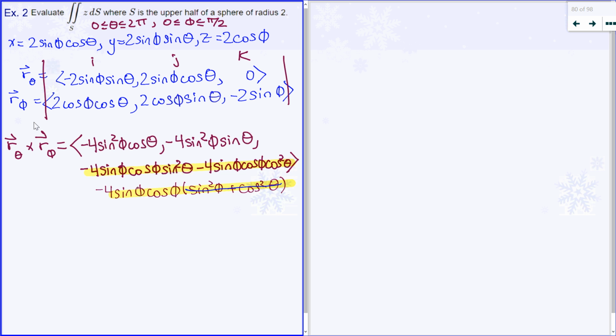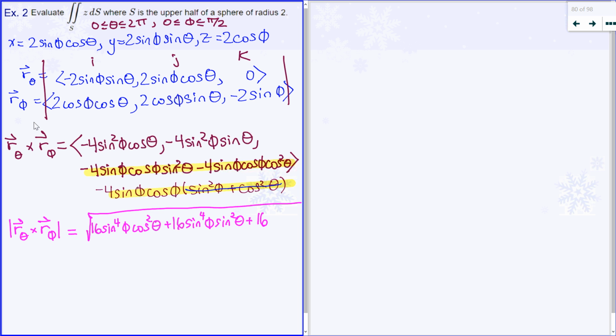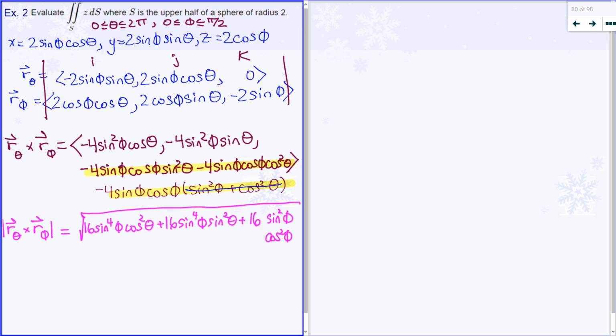All right, now let's take the magnitude. Questions on my squaring and adding there?